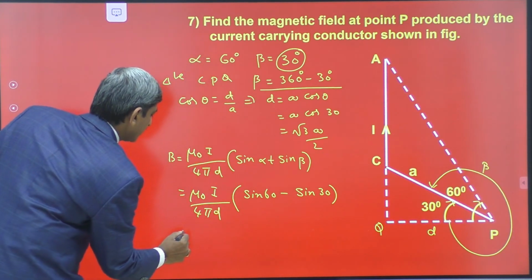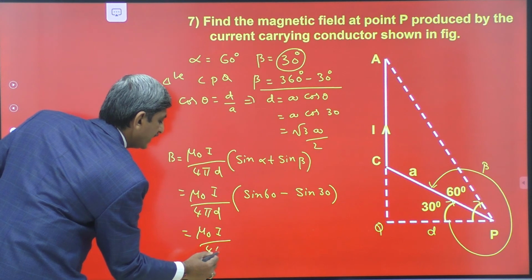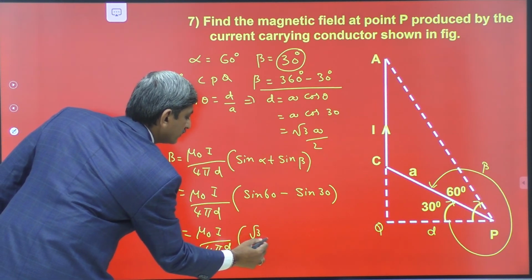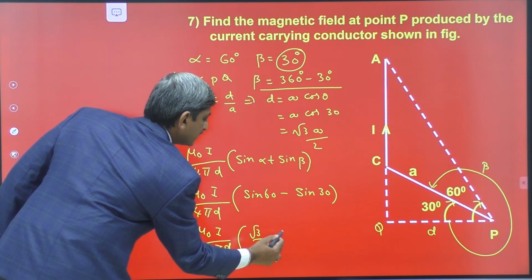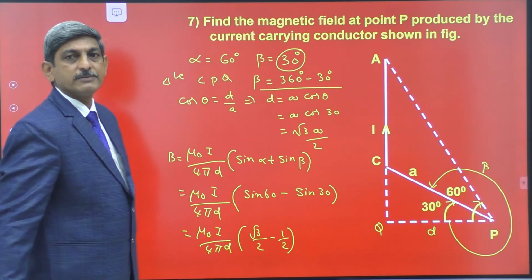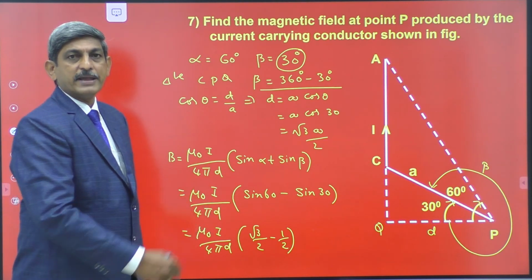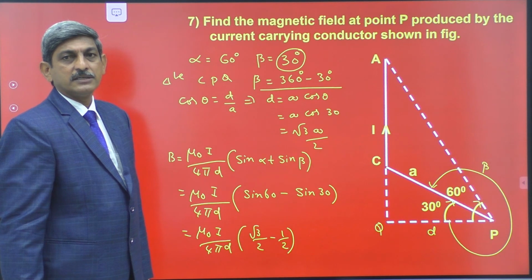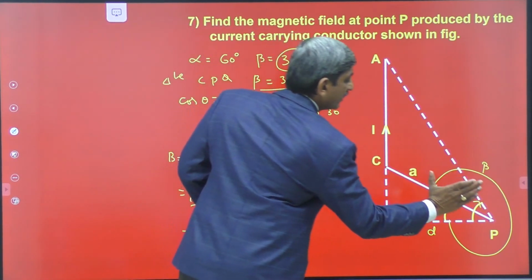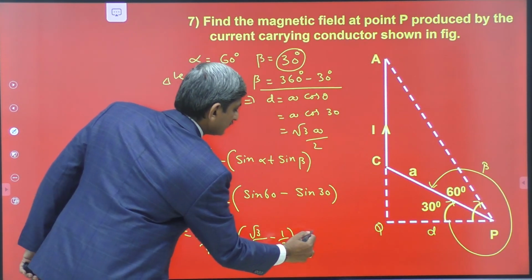So we can write it as mu naught I divided by 4 pi d into sin 60 is equal to root 3 by 2 minus sin 30 is equal to 1 by 2. By making the mathematical simplification, we get the answer for the magnetic induction produced by the given AC wire. Here also the direction of the magnetic field is entering into the board by using the right hand rule.